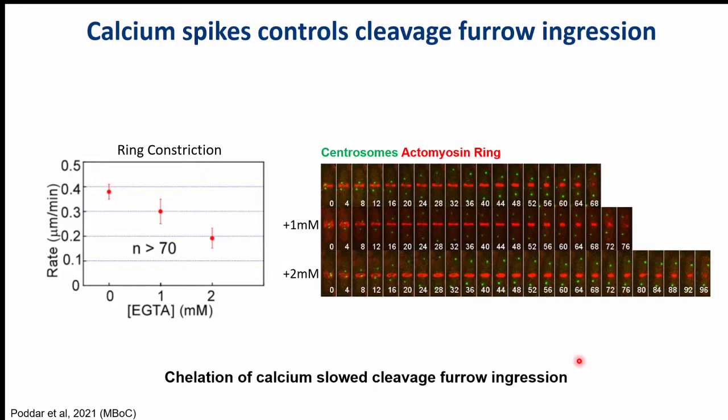It shows that in the presence of 2 millimolar EGTA, the cell took far longer to constrict. The ring assembly time was normal, but the constriction time was significantly altered. Because it took longer for the cells to constrict, the speed at which the ring constricts has decreased.